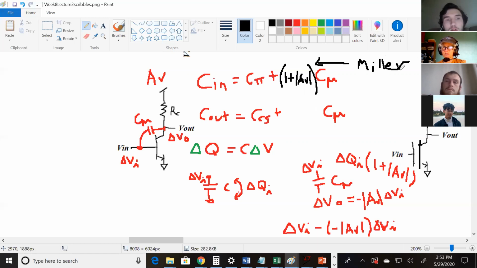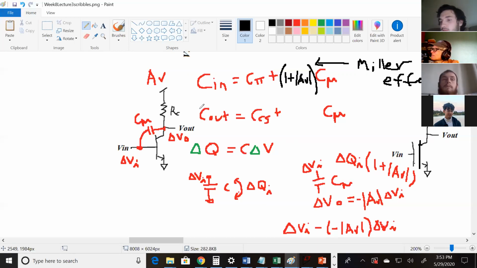How big are those capacitances? They're picofarads, femtofarads. So if you have a gain of 100, now all of a sudden you've possibly gone up to nanofarads instead. And are their capacitances frequency dependent?